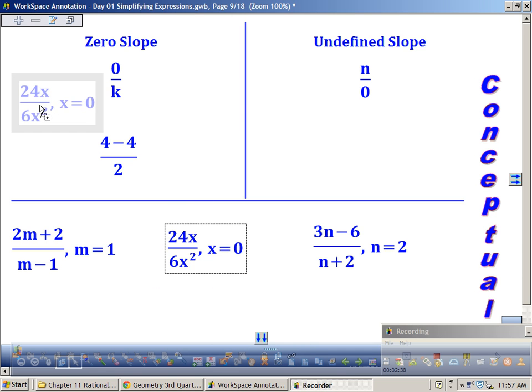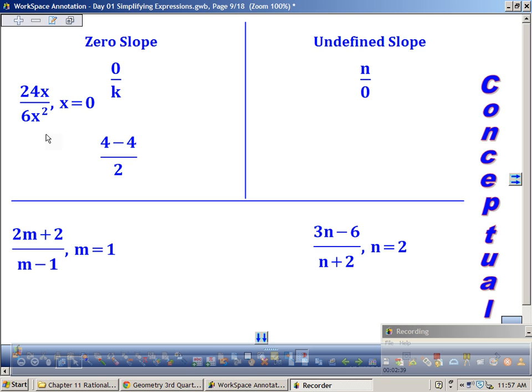So that one goes here. What do you guys think? Why? Okay, so Giovanni sees that if I plug in 0 or substitute it in for x, it would become 0, and 0 times 6 is 0.